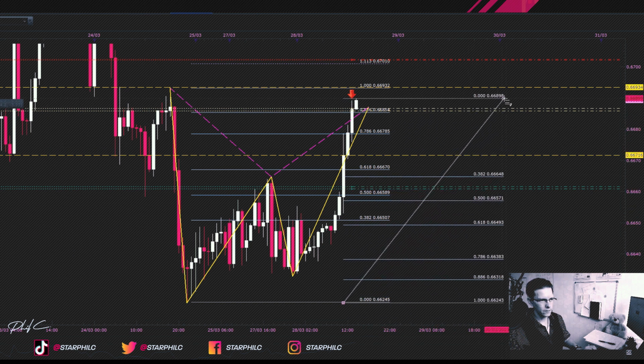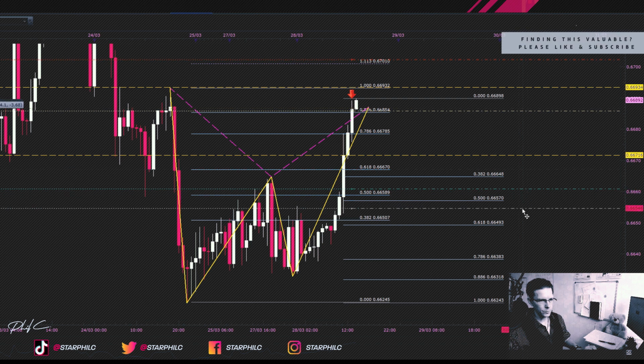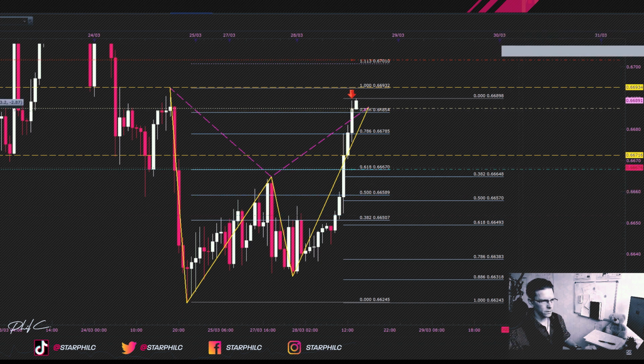I would like to see, in a perfect world, let's adjust my target 1, adjust my target 2, like this. Yep. Okay.